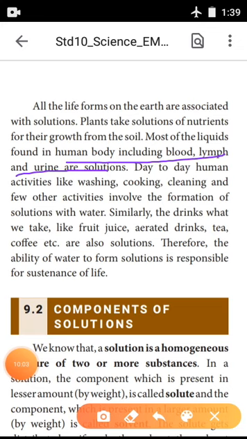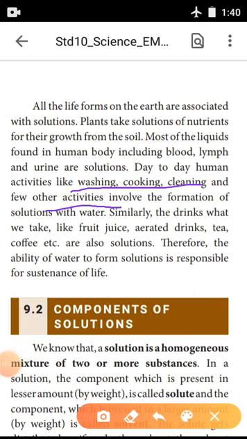In our body, we also have some solutions. For example, blood, lymph and urine. And in our human activities, for example, washing, cooking, cleaning and other activities, these depend on water. So this is also one of the solutions. For example, soap.